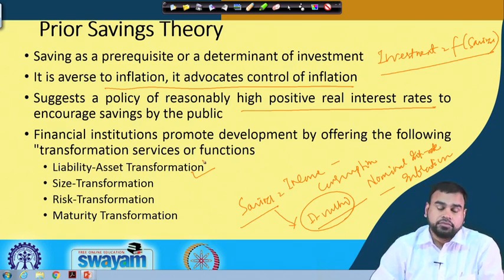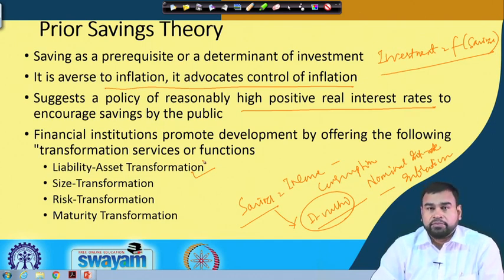The second one is size transformation. How does the money come to the market? Unless the financial system is there, it is not possible for the money to circulate to a larger extent in the financial system as a whole. In every village we can observe that the banking sector has developed like anything.